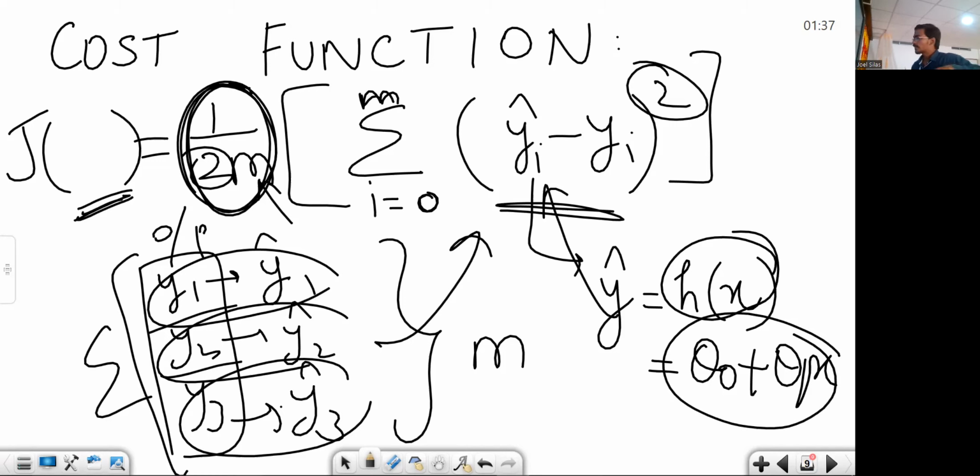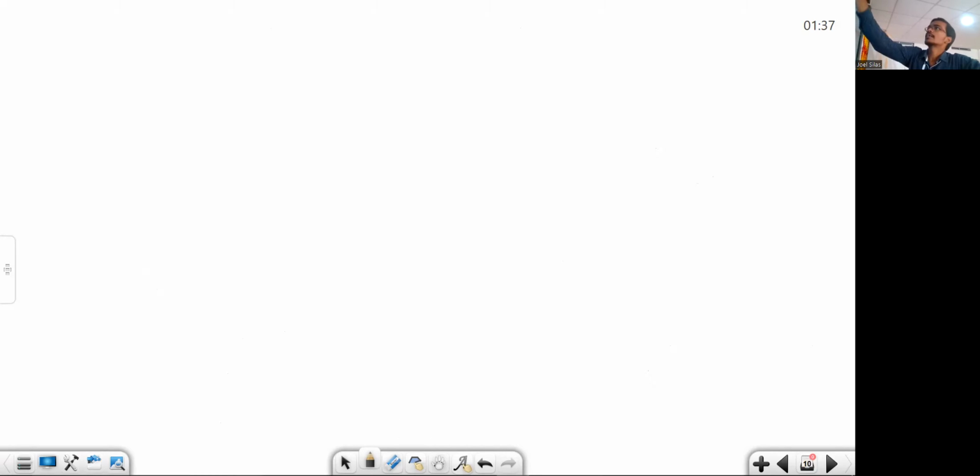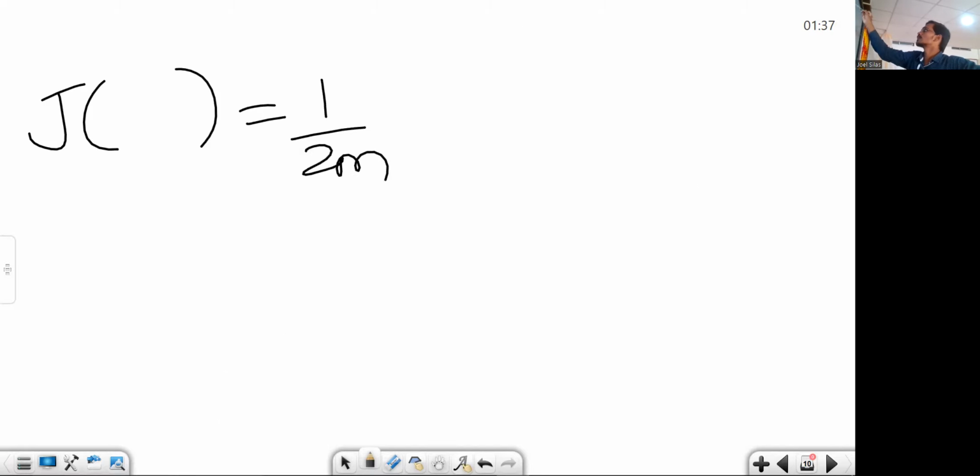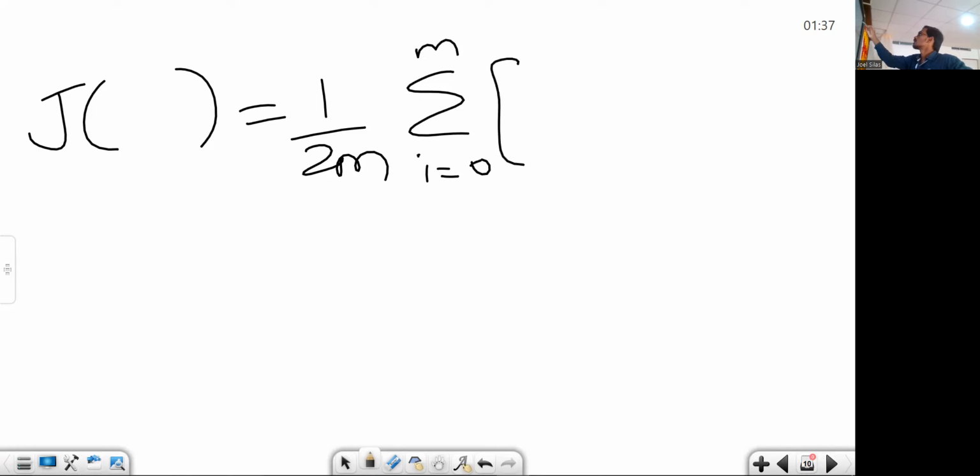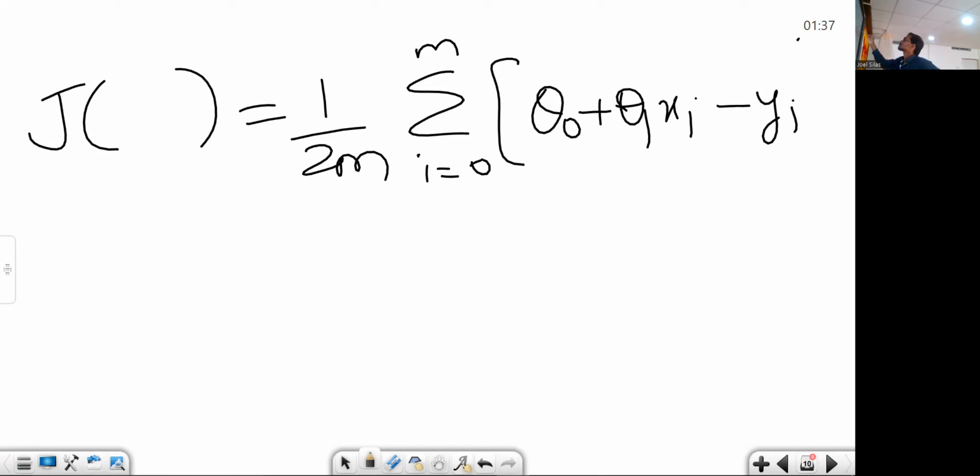So we can write J of something is equal to 1 upon 2m summation i is equal to 0 to m of (theta 0 plus theta 1 x i minus y i) squared. This is x i, this is y i.